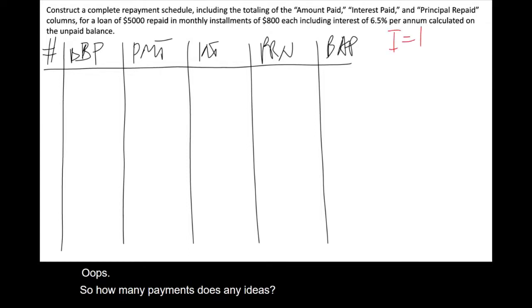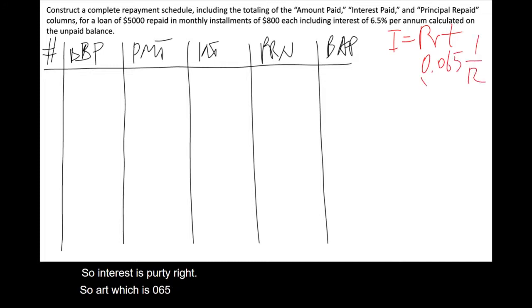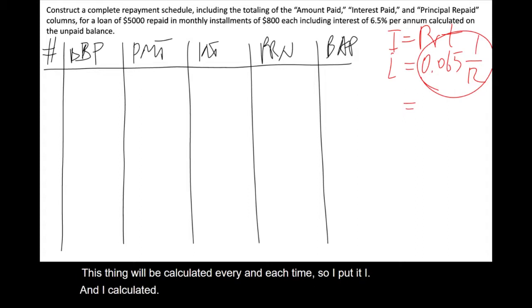So interest is PRT, right? So RT, which is 0.065 over 12. This thing will be calculated each and every time. So I put it as I, and I calculated it.